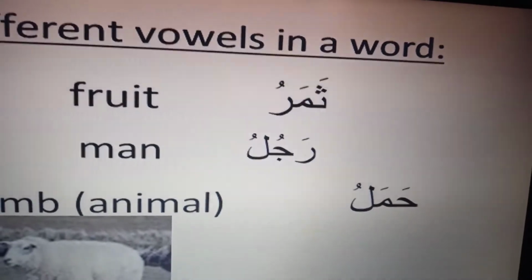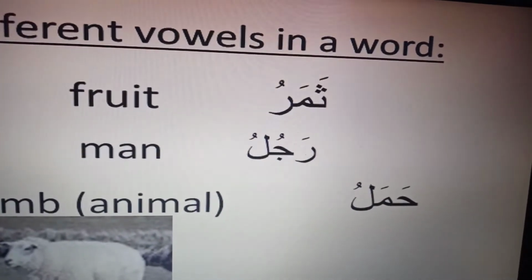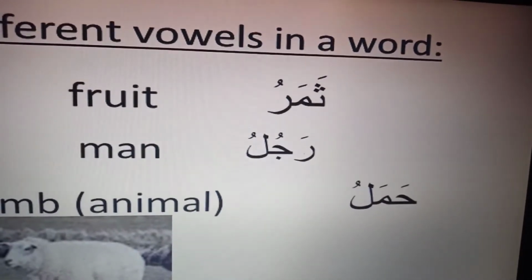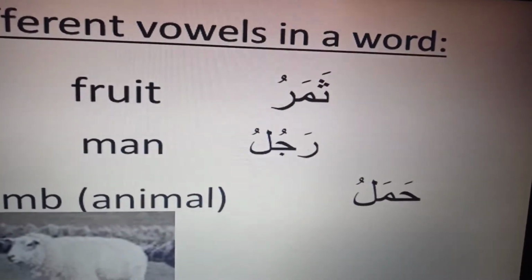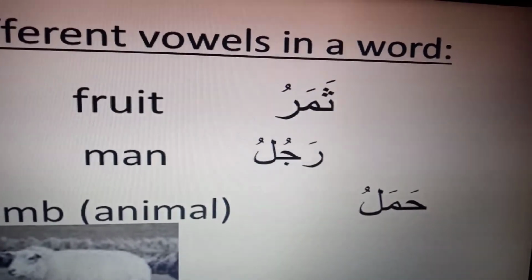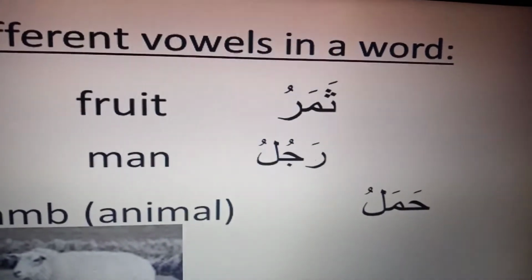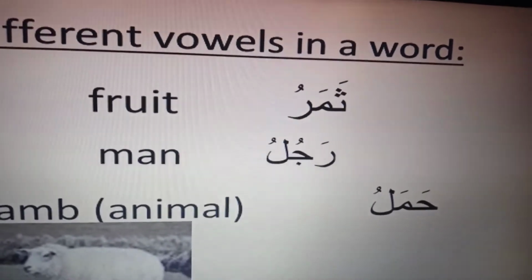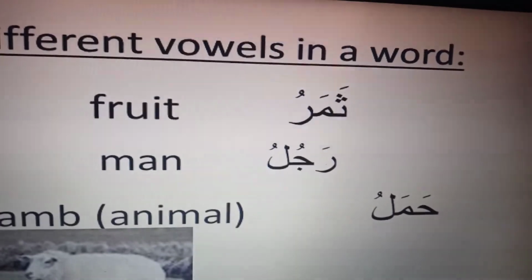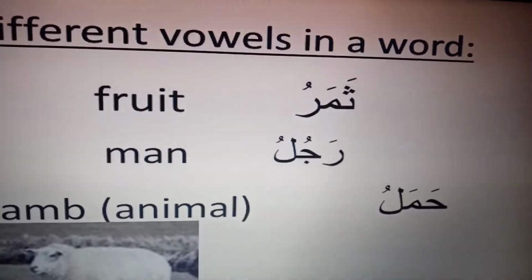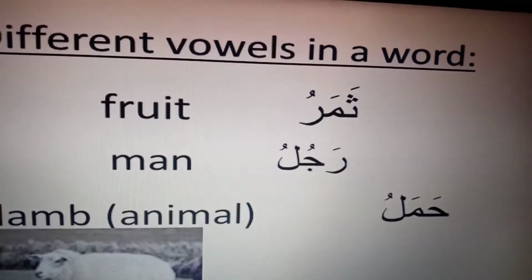So it becomes like that: tha, ma, ru. You can see here the difference, only the pronunciation of each letter individually, then we combine the pronunciation together of all the letters, so it becomes like that: tha, ma, ru, thamaru.